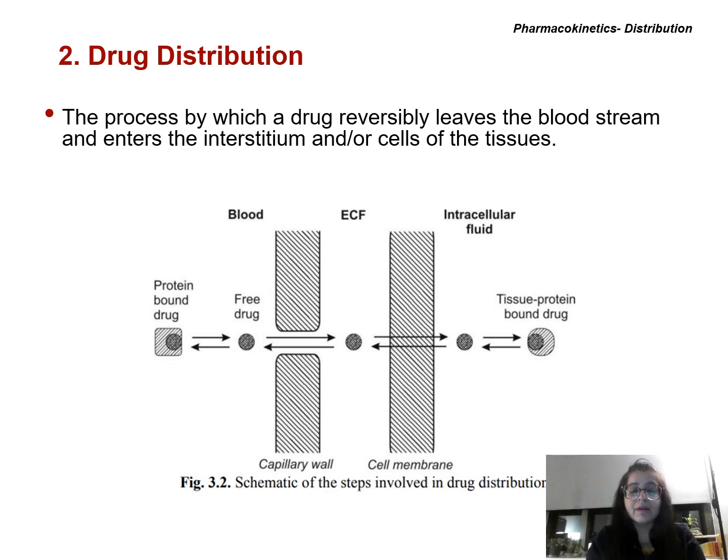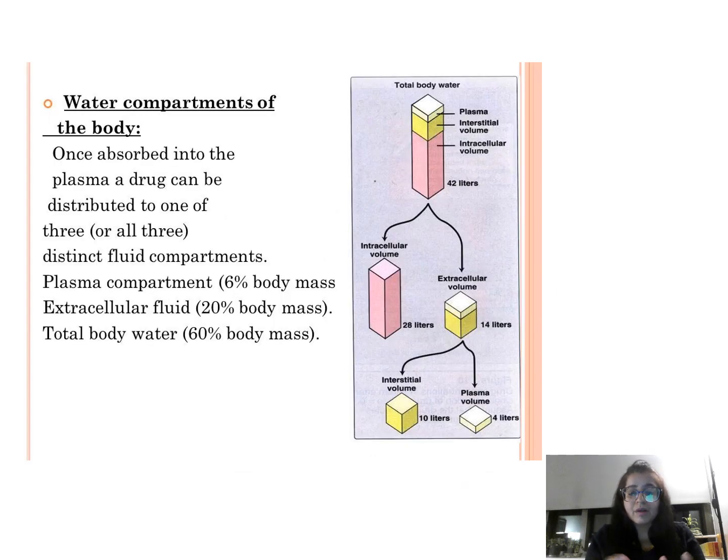It means that a drug may leave the blood compartment and enter into the extracellular fluid, cells and tissues, or the drug may revert back to the previous compartment, that was the blood compartment. Now we have to understand in what compartments of the body a drug can be distributed.